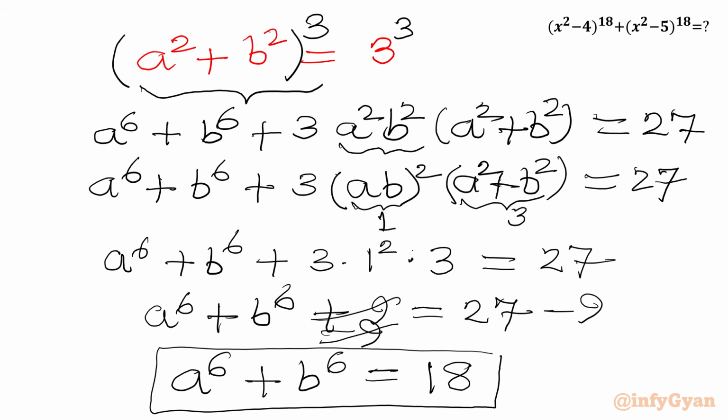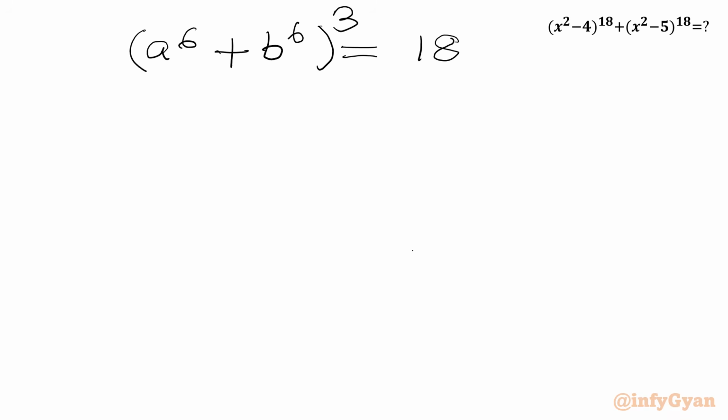Now we have to cube this equation to get required expression a power 18 plus b power 18. So I will write a power 6 plus b power 6 equal to 18. Let's cube both sides. We will use a plus b whole cube formula over here.